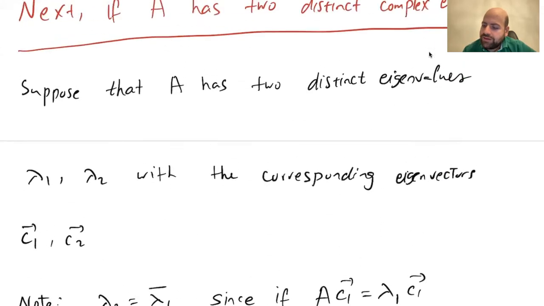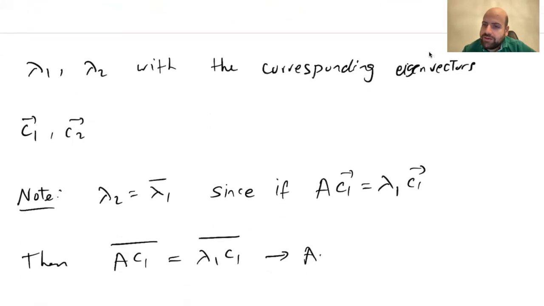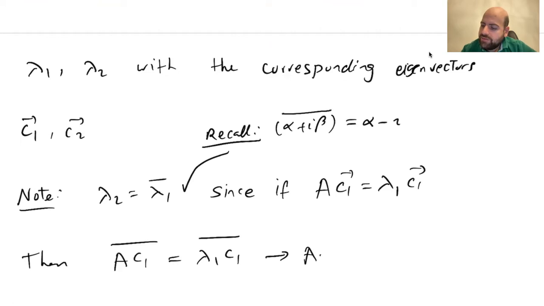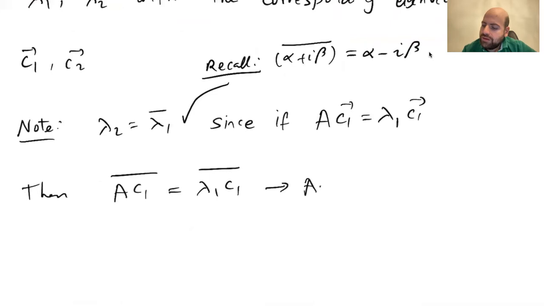Recall the complex conjugate: alpha plus i beta, bar, can be written as alpha minus i beta. So then A C1 bar, I can write as lambda 1 bar C1 bar.